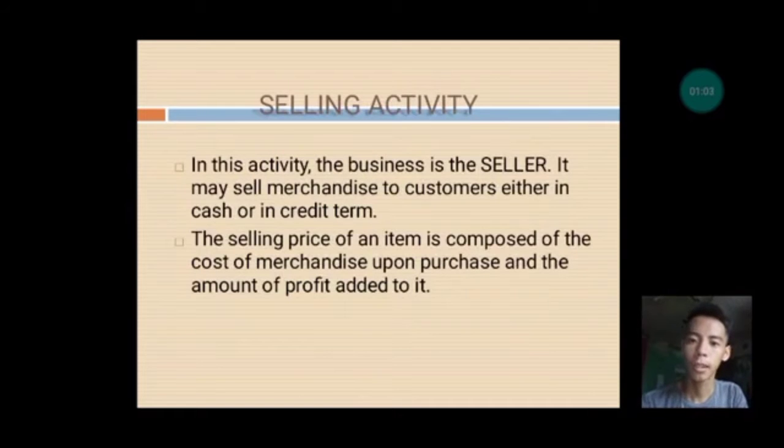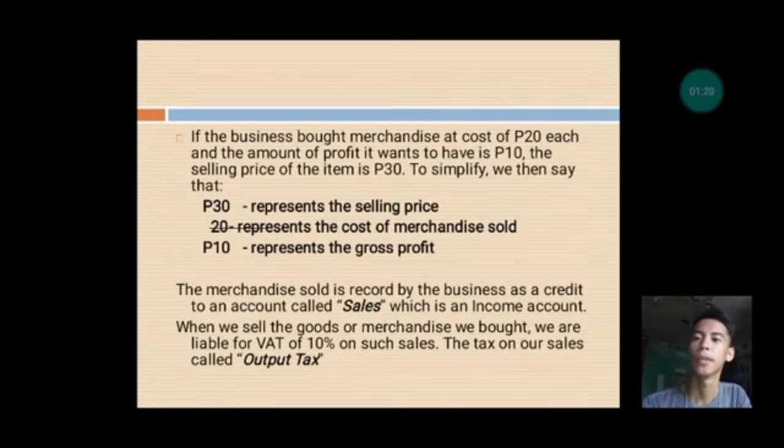So we are now in a selling activity. In this activity, the business is the seller, and it may sell merchandise to customers either in cash or on credit terms. The selling price of an item is composed of the cost of the merchandise upon purchase and the amount of profit added to it.